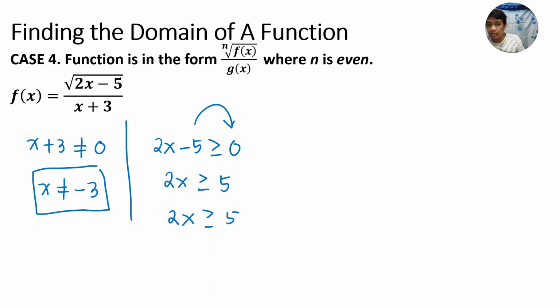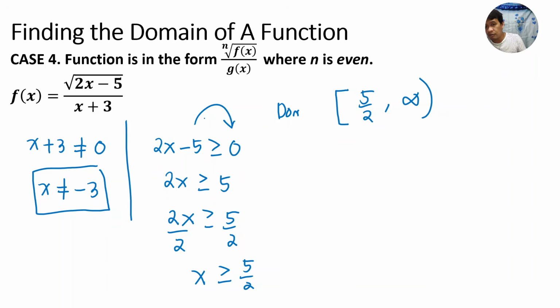Divide both sides by 2. Then, x is greater than equal to 5 halves. So, since ang domain nito ay dapat maging equal lang or greater than 5 halves to positive infinity. So, this must be the domain of this function.